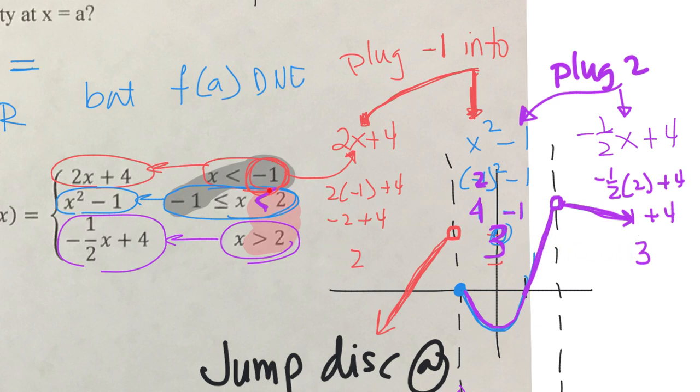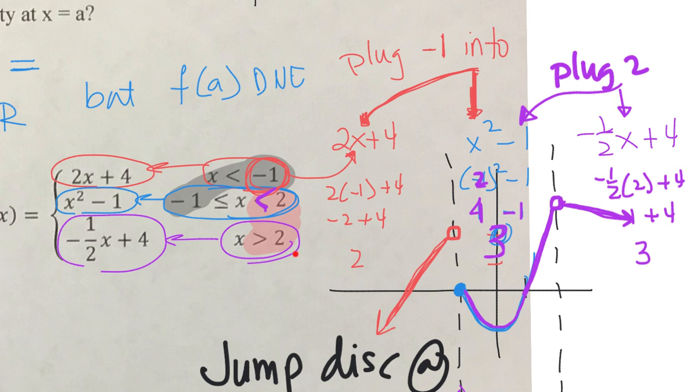But if we look at your constraints, this one says less than 2, and this one says greater than 2. So this is going to be your clue to know that there is no y value exactly at x equals 2. It has to have an or equal to in order for that y value to exist. Every time we have a greater than, we have an open circle.